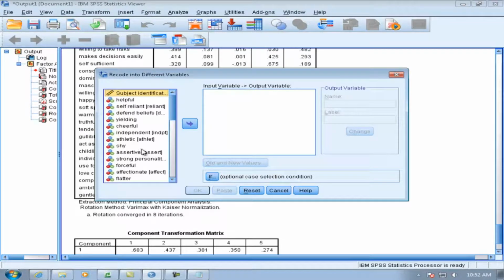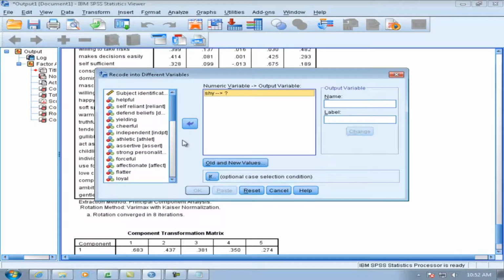So now, the first one that had a negative loading, which one was that? Was it yielding? No. Shy. Okay, old and new.